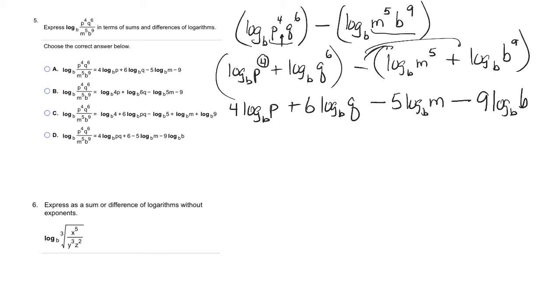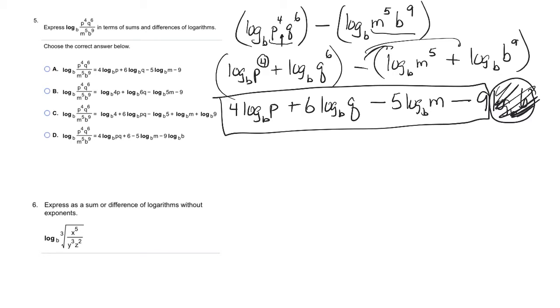Okay, but here log base b of b is 1. And so I can get rid of that part. So this will be my answer. And hopefully that's one of the answers that are there. Looks like it's this one.